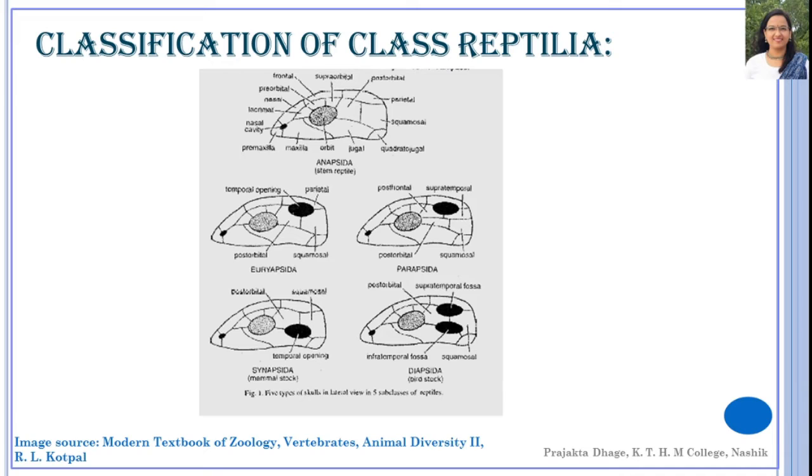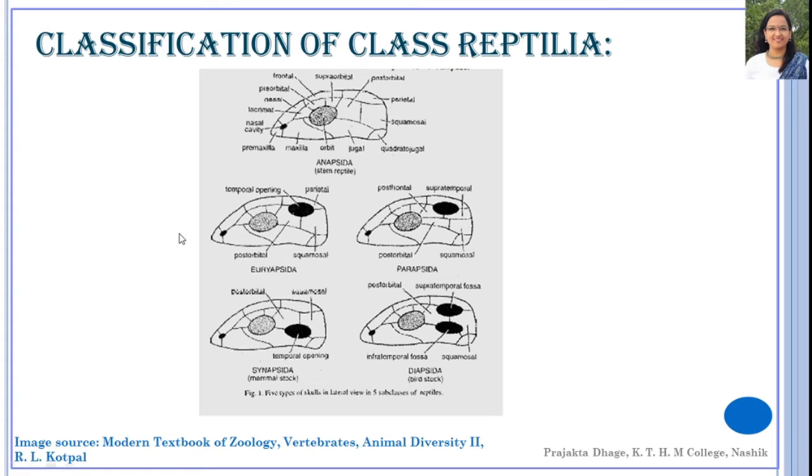When we talk about Anapsida, as you see here, there is no temporal vacuity present. So anapsids are characterized by absence of the temporal vacuity or temporal fossae. Whereas in Euryapsida, the skull has a single pair of temporal openings or vacuity. Euryapsida, Parapsida and Synapsida all have a single temporal vacuity.